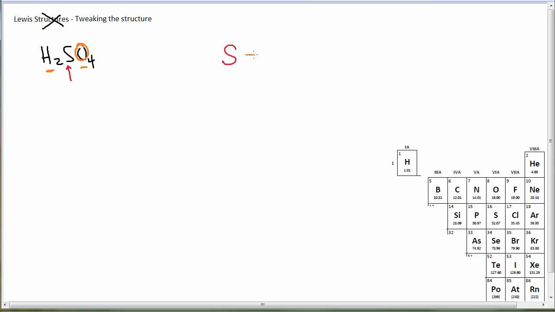So I'll put the 4 oxygens around the sulfur, but the 2 hydrogens will be attached to 2 different oxygens, and it doesn't matter which. I'll put them to these 2. You could put them up and down and left and right, and that part doesn't matter. So this is the skeleton for H2SO4.